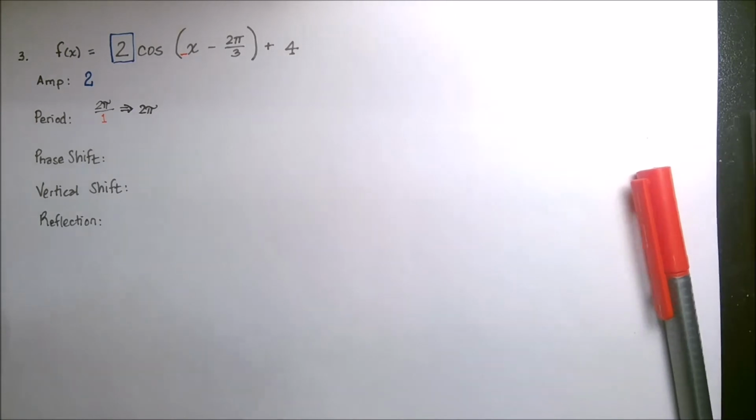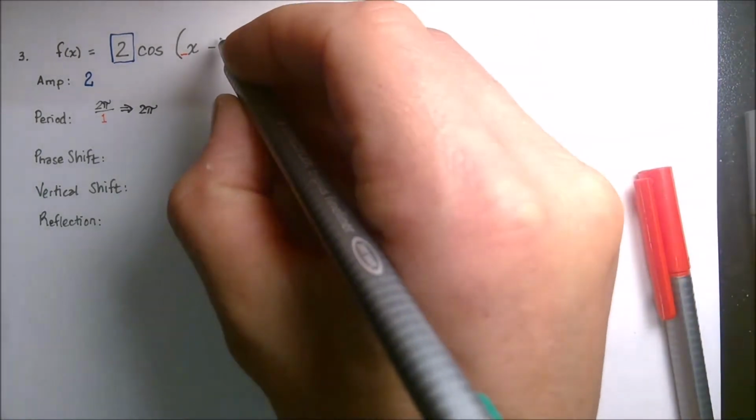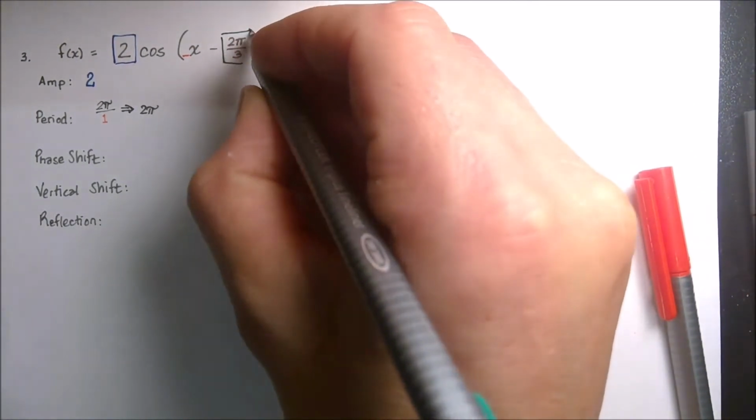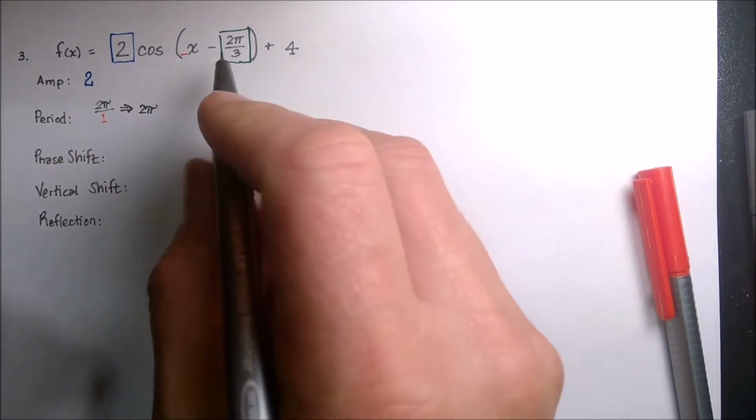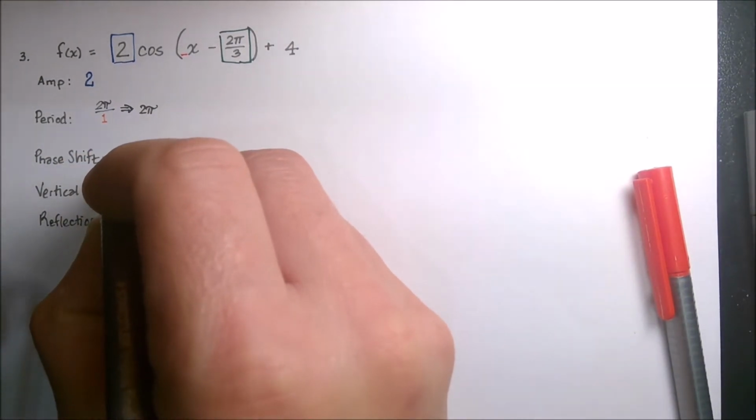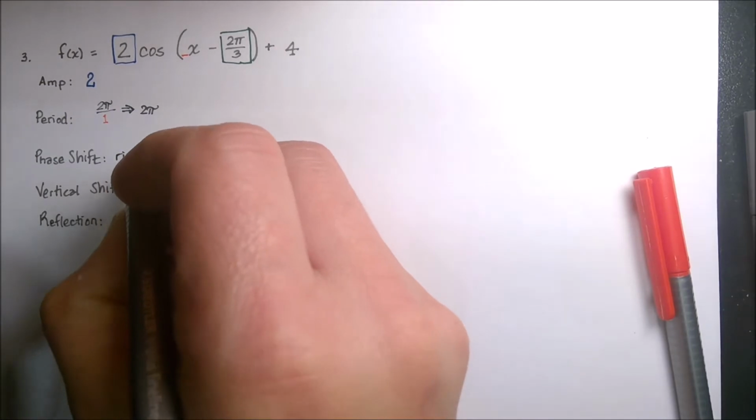The phase shift is the same as a horizontal shift, and that's determined by 2 things: the constant that's being added or subtracted inside the function, and also any coefficient on x. And so because we're subtracting, that moves this function to the right.